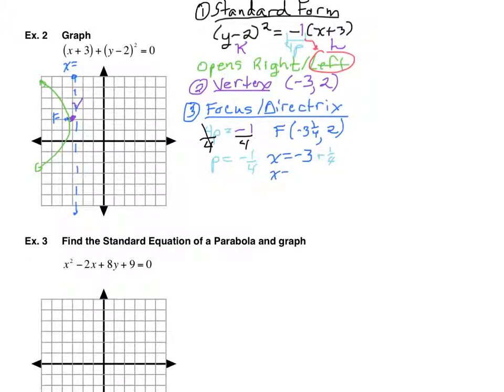Yep, x is equal to -2 3/4, or make that an improper fraction, x is equal to -11/4. So either one's acceptable. And so label this -11/4. Am I missing anything? My axis of symmetry, so that's step 4.